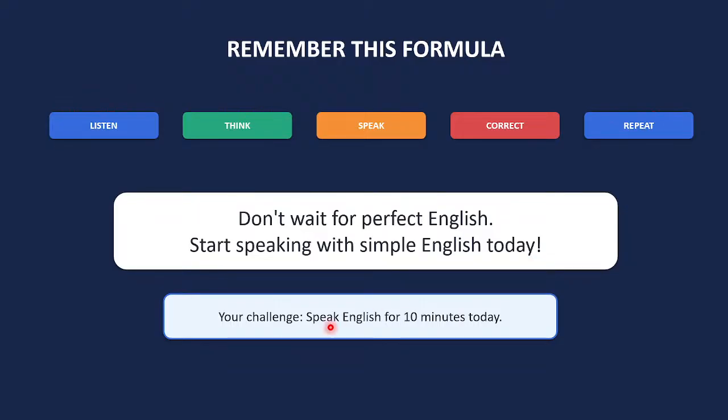So your challenge is to speak English for 10 minutes today. Okay, so this is all about how you can start speaking in English, the start of your spoken English journey.